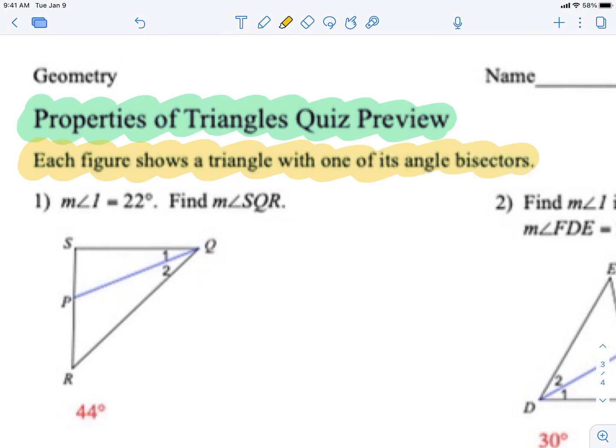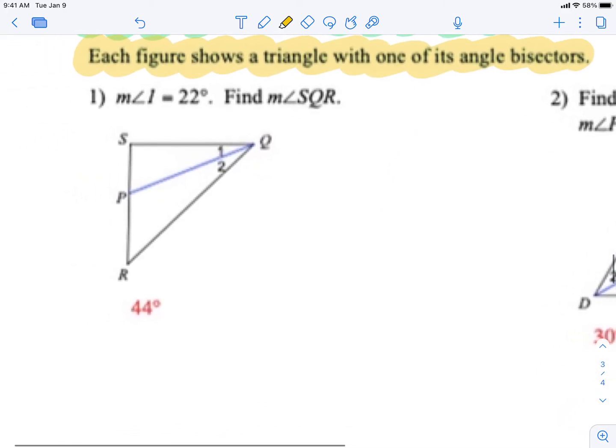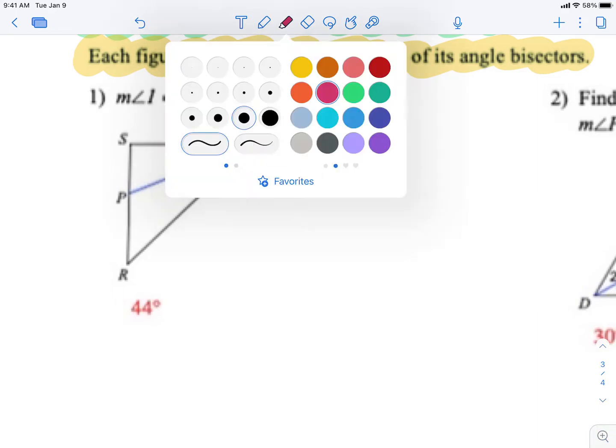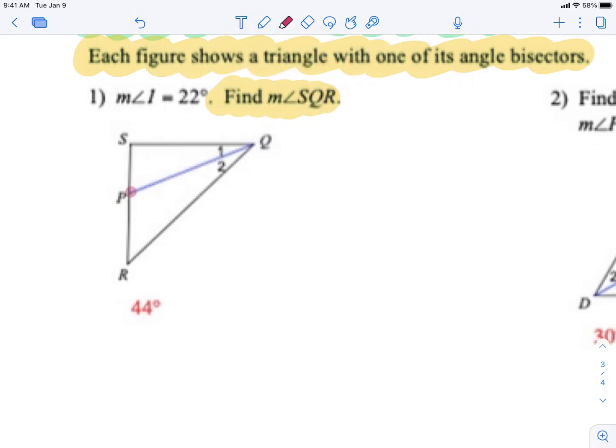Okay? So, let's look at number one. Number one says, find angle SQR. So, let us recognize that PQ here is the angle bisector of angle SQR. See? Split it down the middle, right?